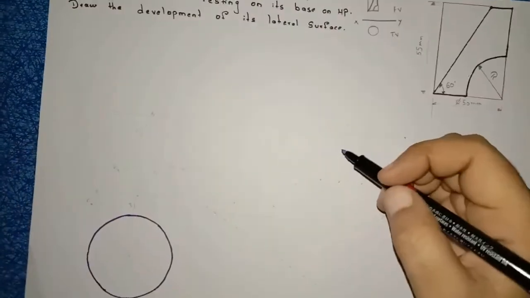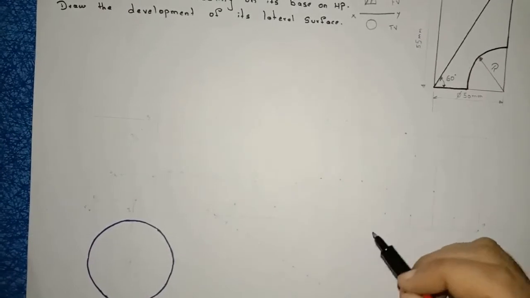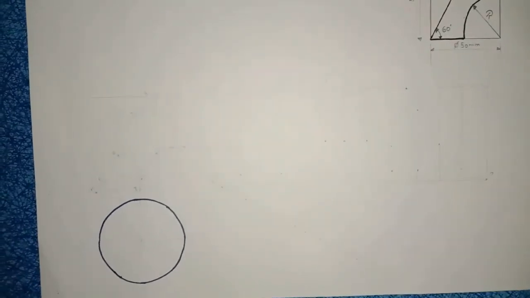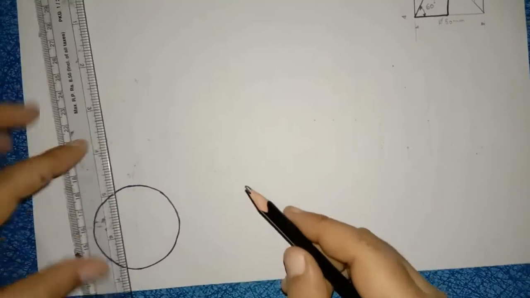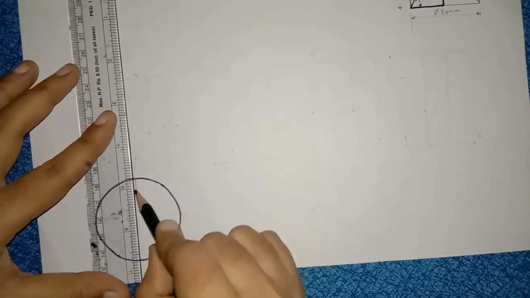I have drawn it already with the help of a compass by taking radius 25 mm, right? So construct the cylinder here first and divide this cylinder into 12 equal parts.